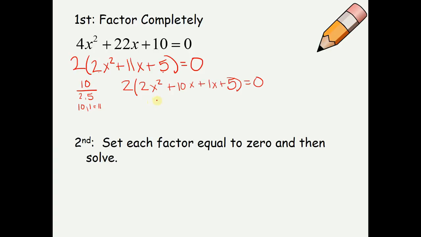Now, here's when we go into grouping, because we have 4 terms now. So let's group these 2 terms together, and then these 2 terms together. It looks like for these 2 terms, I can take a GCF of 2x out. So I'm going to put brackets here, so we have kind of a nice show off. I'm going to pull a 2x out of here.